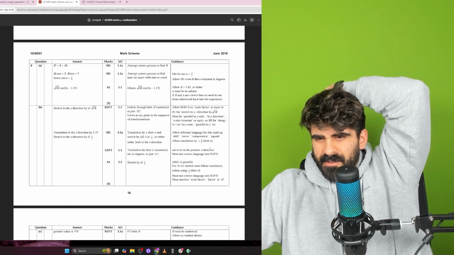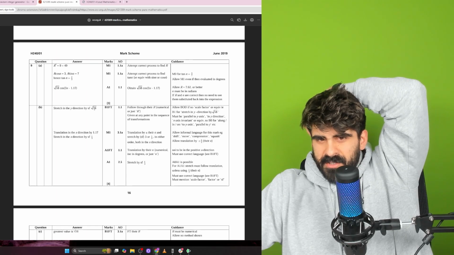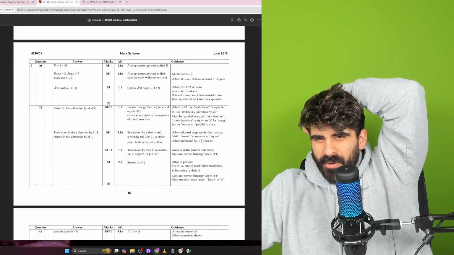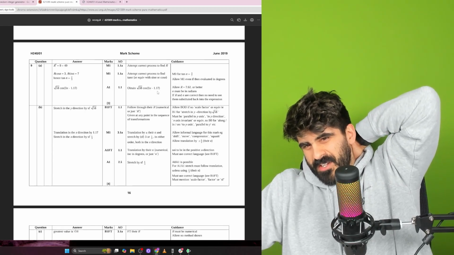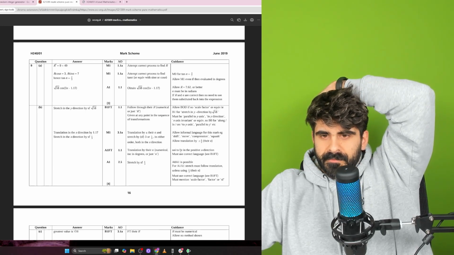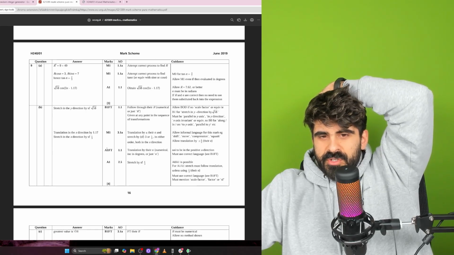Hold on. So we got stretching the y-axis. We got the third. The translation, they put 1.17. Am I bugging? Because you do the stretch first and then you do the translation. I know my brain's just not working at the moment. All right, so I lose translation by their alpha.